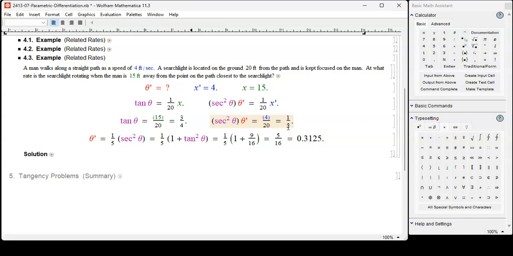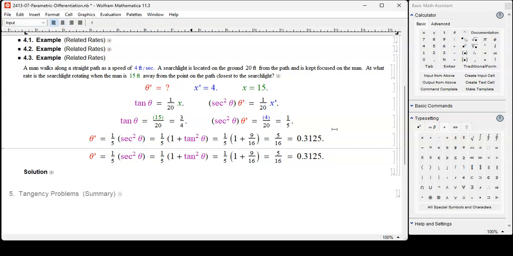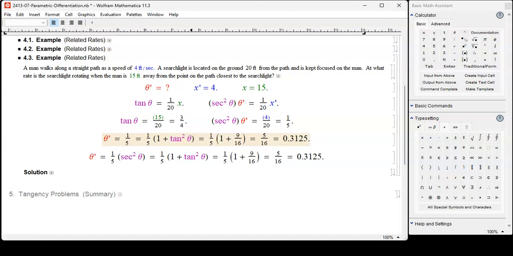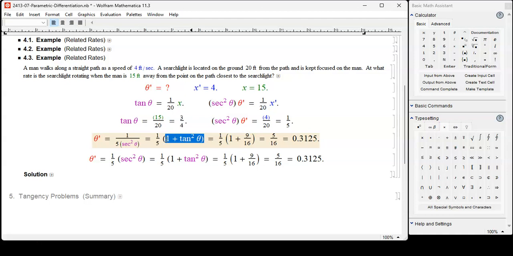Oh, excuse me, I made a mistake. When I flip it over, the secant squared should have gone to the denominator.